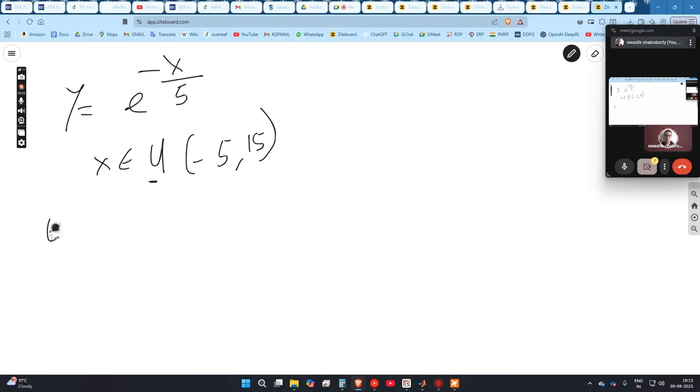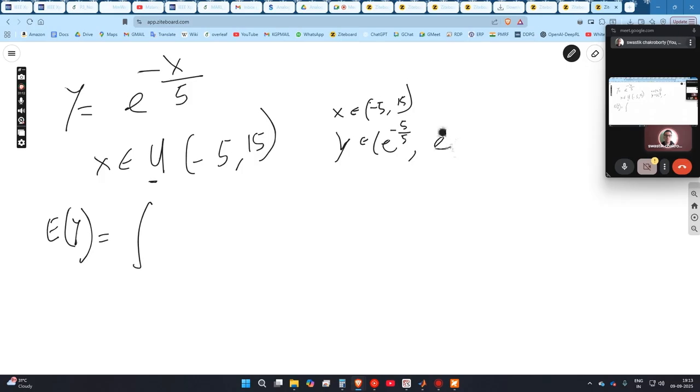Now the expectation of y is the integration. If x is between minus 5 to 15, then y will be between e to the power minus 5 by 5 and e to the power minus 15 by 5. So it will be between e to the power minus 1 and e to the power minus 3.